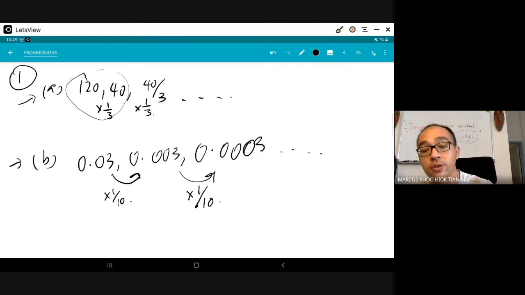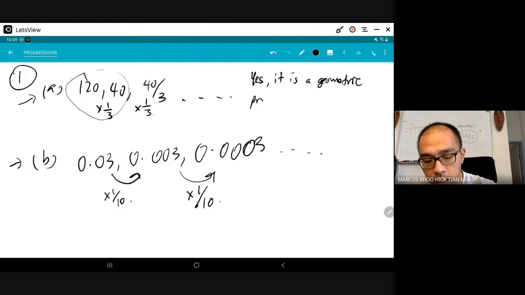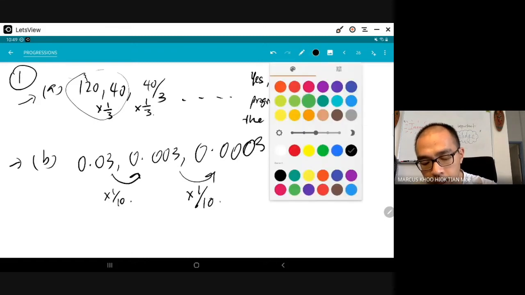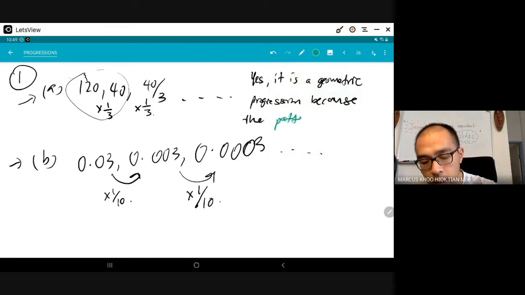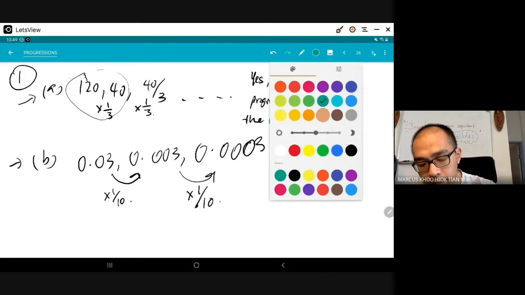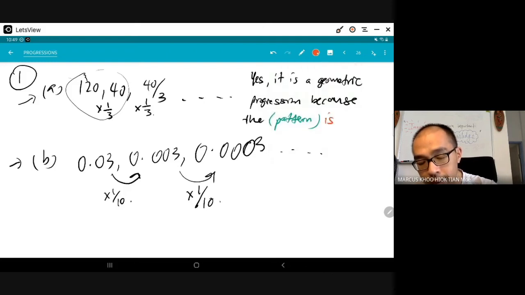So for example, in this question A, I will say, yes, it is a geometric progression, because the pattern is times 1 over 3.